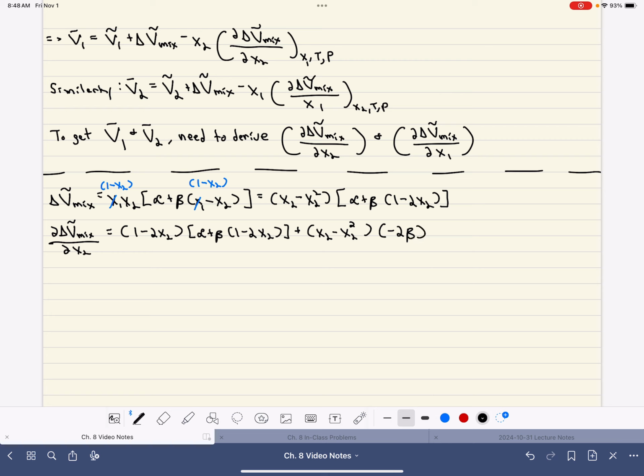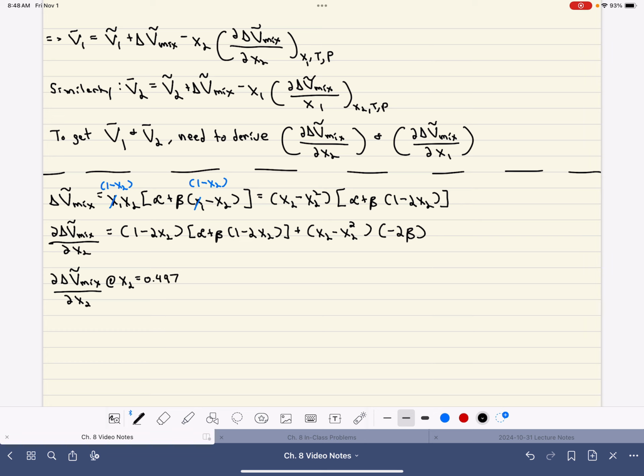So now that we have this expression, let's just evaluate the derivative of delta V mix at our mole fraction of species 2, which was 0.497.